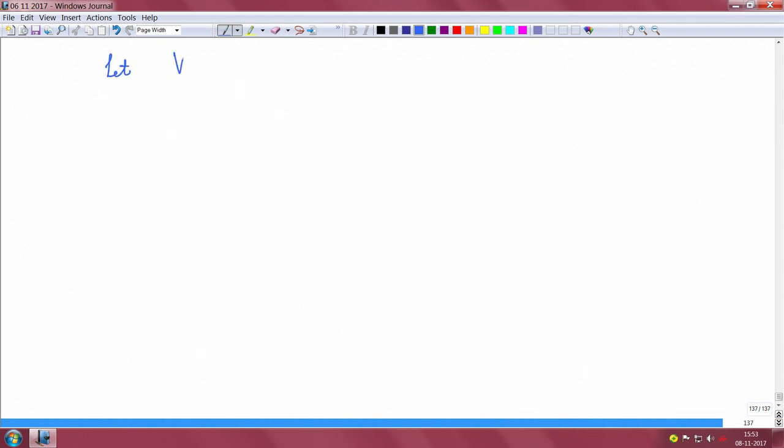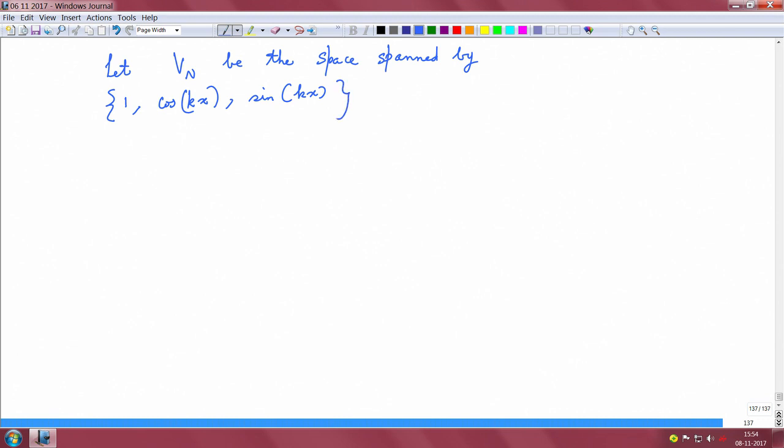Let V suffix n be the space spanned by 1, cos kx and sin kx, k equals 1 to n.